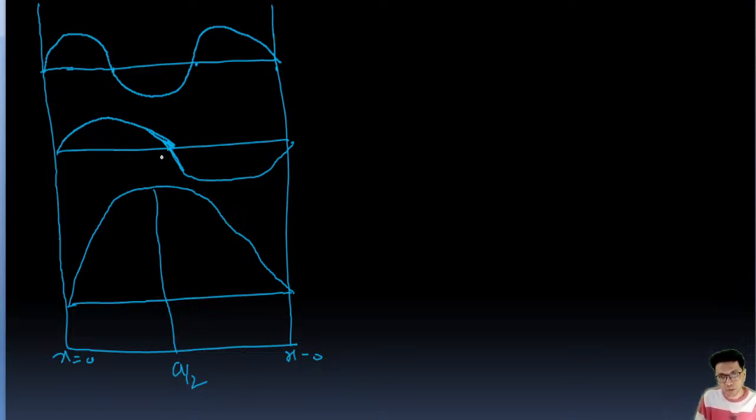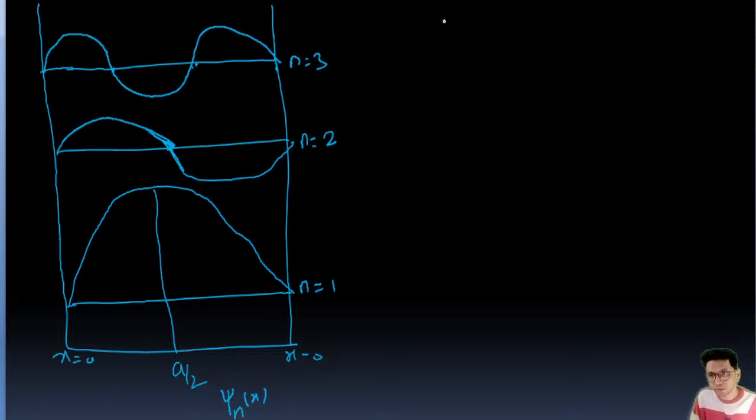These are nodes, one node, two node. This is n equal to 1, n equal to 2, n equal to 3, and this is for psi n x. This is the graph.